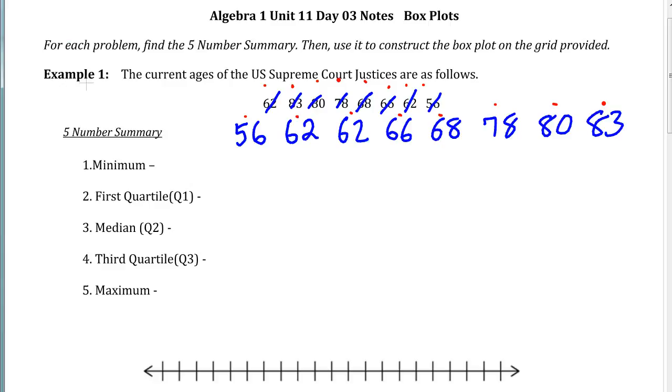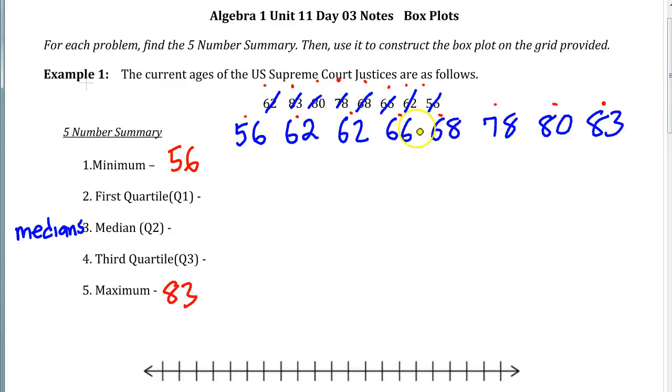All right, the min and the max, probably the easiest one. So we got 56 and 83. And the 2, 3, and 4, the first, second, and third quartiles, those are all medians. So we find the median of the whole data set.